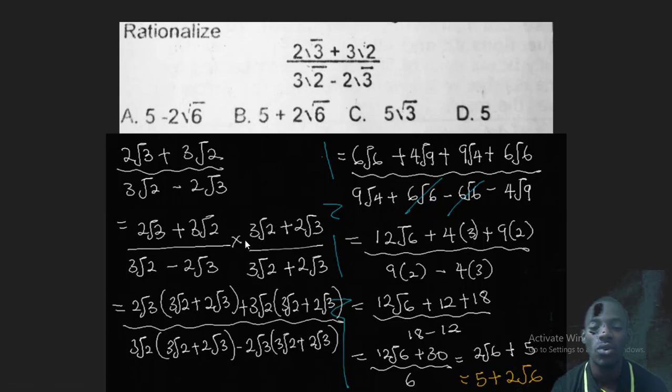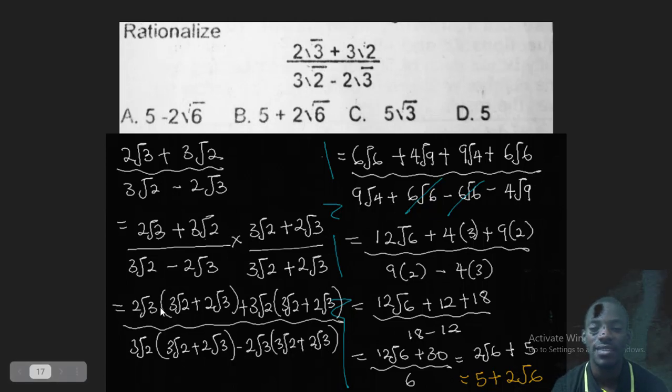Now multiply this surd. That will become 2√3, everything here: 3√2 plus 2√3, plus 3√2, everything here: 3√2 plus 2√3, over 3√2, then everything here: 3√2 plus 2√3, minus 2√3, everything here: 3√2 plus 2√3.